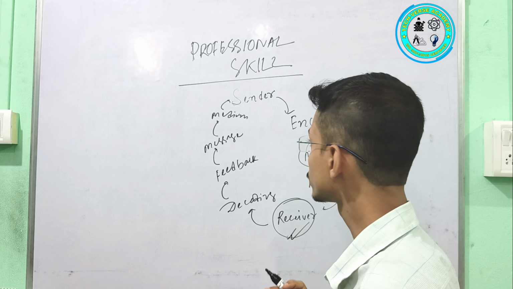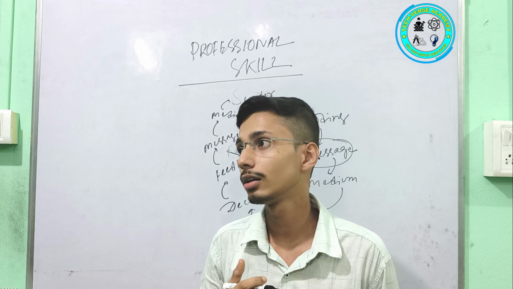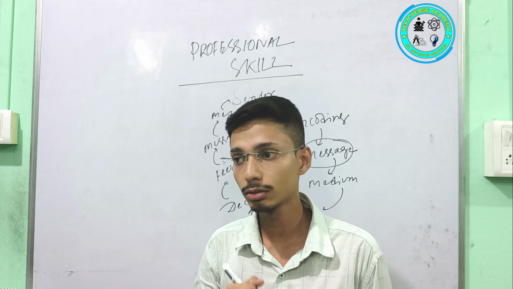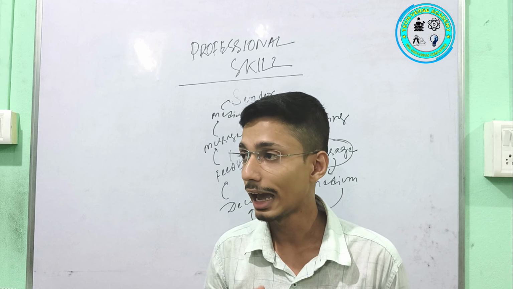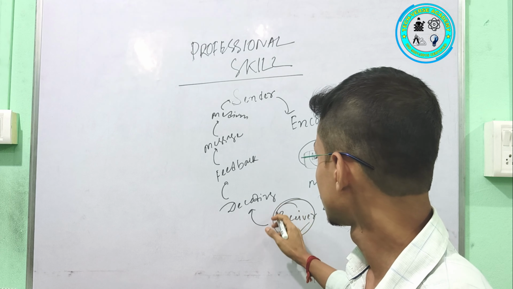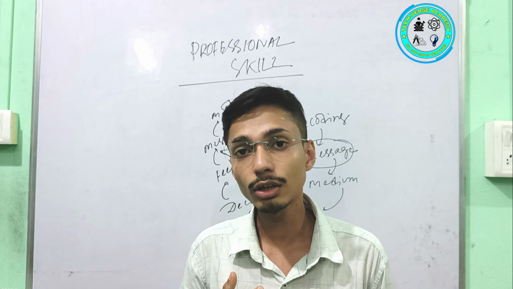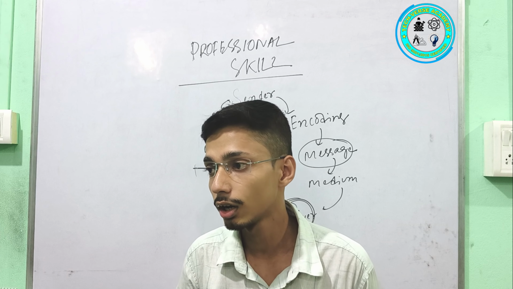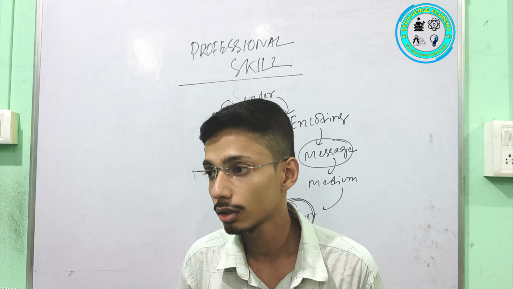Let's suppose, for example, the sender is a French person, and the receiver is a listener from Italy. So the medium of the sender and the receiver for understanding this language is different.